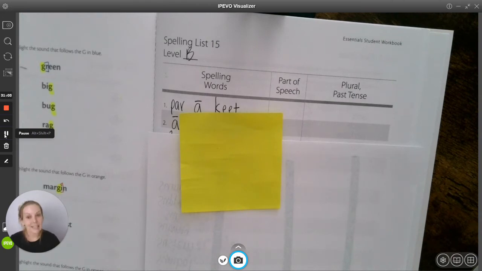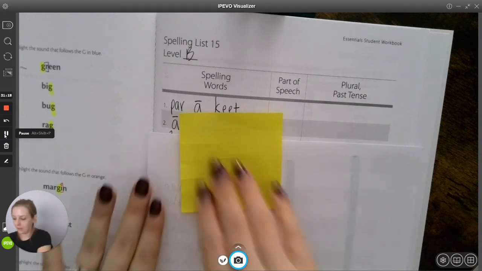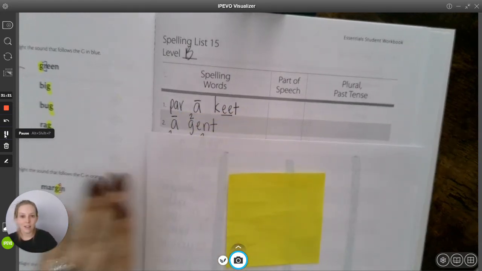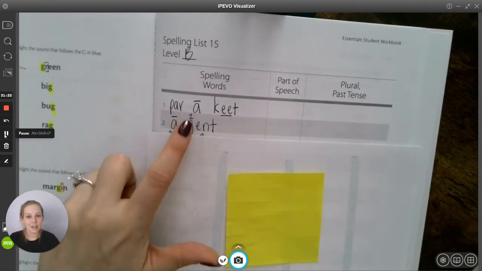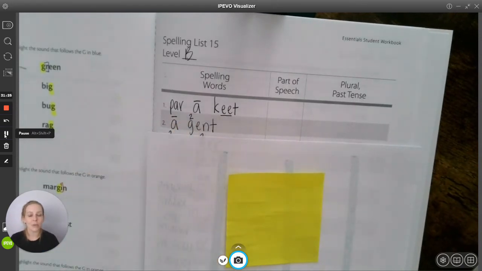And the second syllable is gent. Sound it out. J, E, N, T. Finger spell. G, J, E, N, T. And G is saying its soft sound, its second sound here, so we put a 2 over the G. Good job.